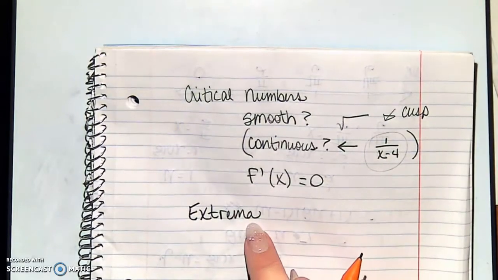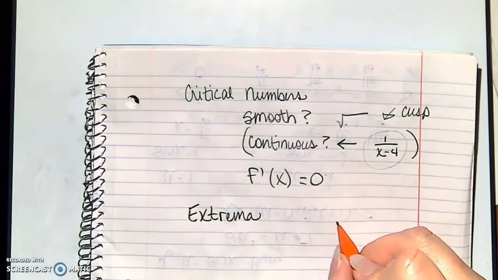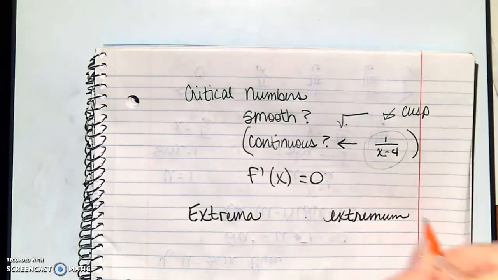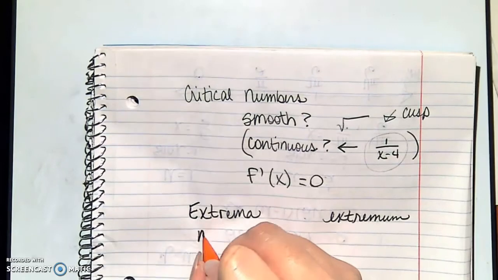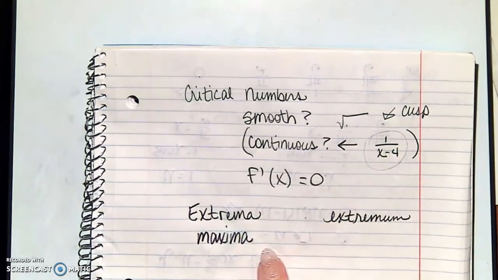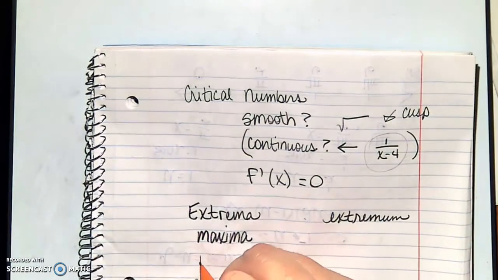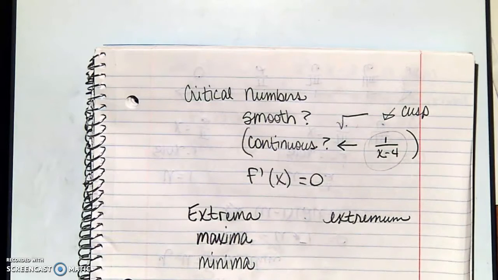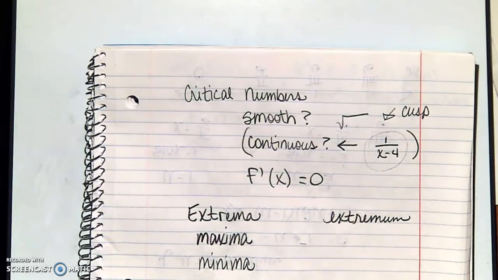Extrema is the plural of extremum. So I could have maxima, which means multiple high points. I could have minima, which is multiple low points. Or I may have one of them.